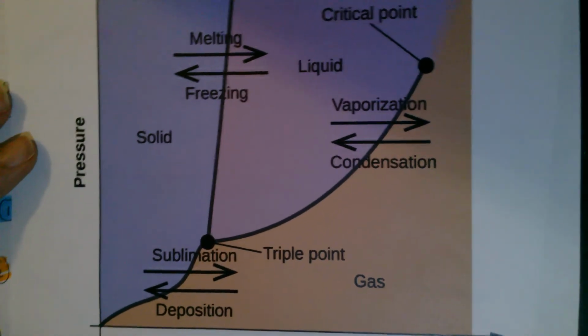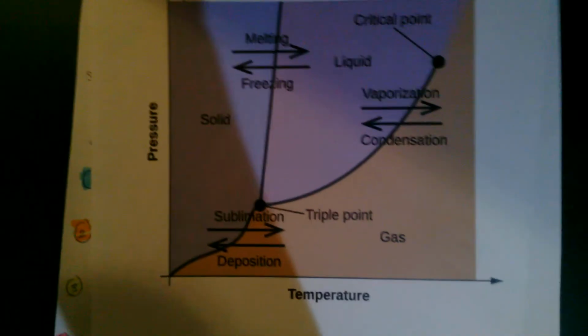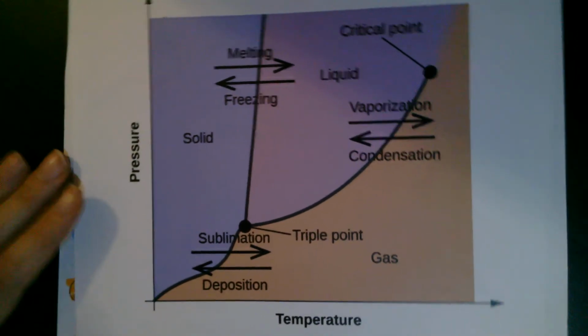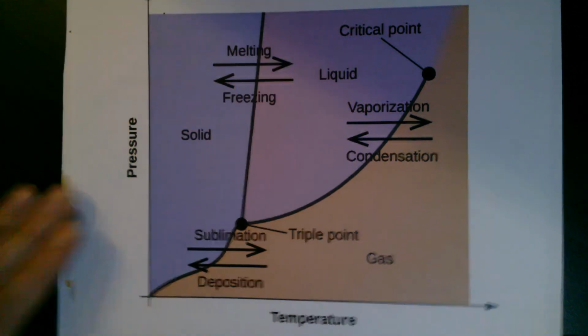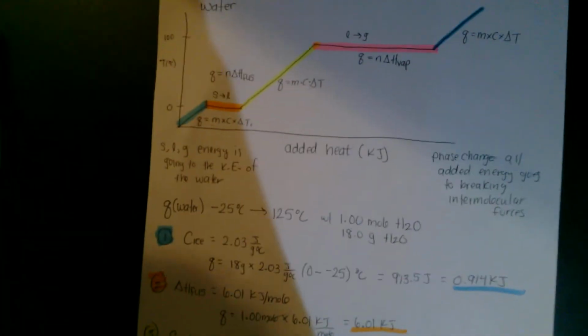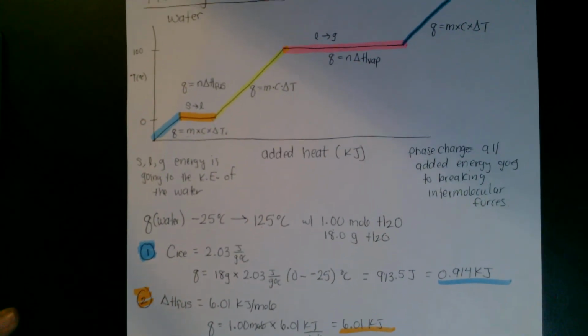Okay, so having said that, let's take a look at what we call a phase diagram. Actually before we do this, I wanted to back off, so you can get most of the picture here.